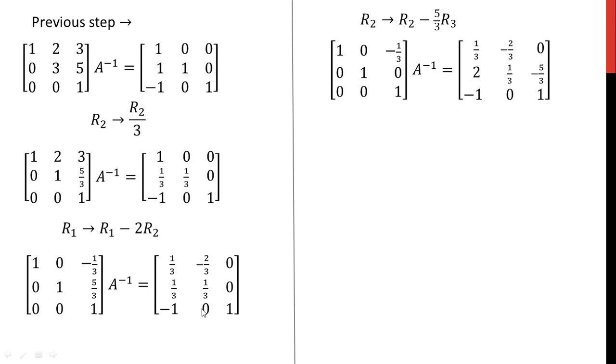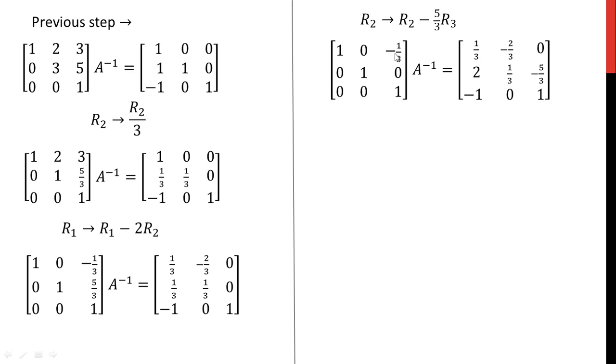So 1 by 3 minus 5 by 3 into 0 is 0. So 1 by 3 minus 0 is 1 by 3. Then 0 minus 5 by 3 into R3. So 0 minus 5 by 3 into 1. So that is minus 5 by 3. So here we get minus 5 by 3. Check the second row after this transformation. And third row keep as it is. So here we get 0.